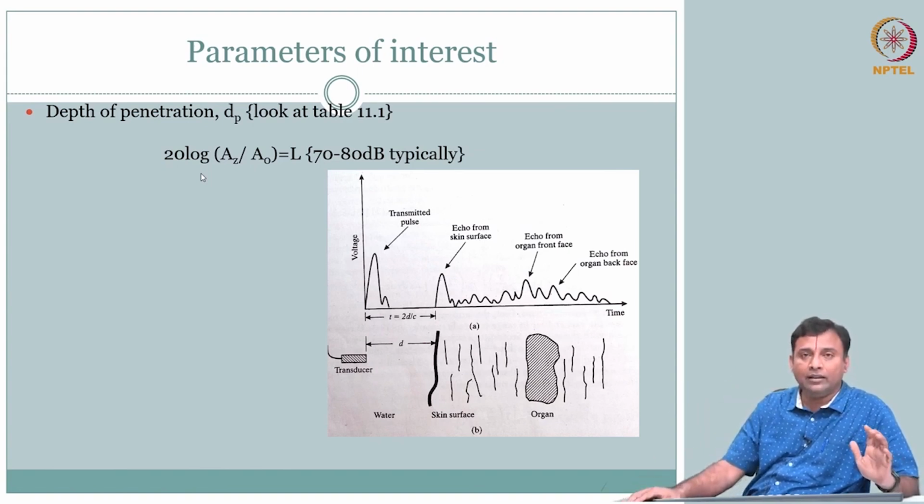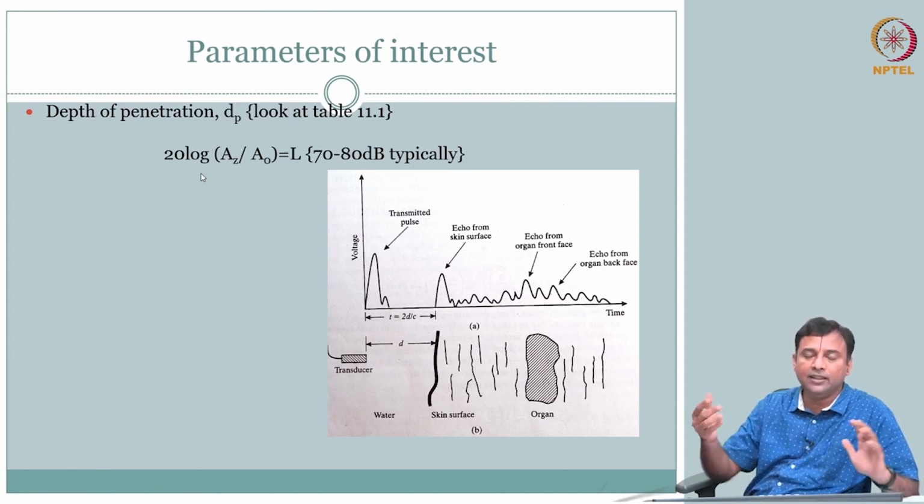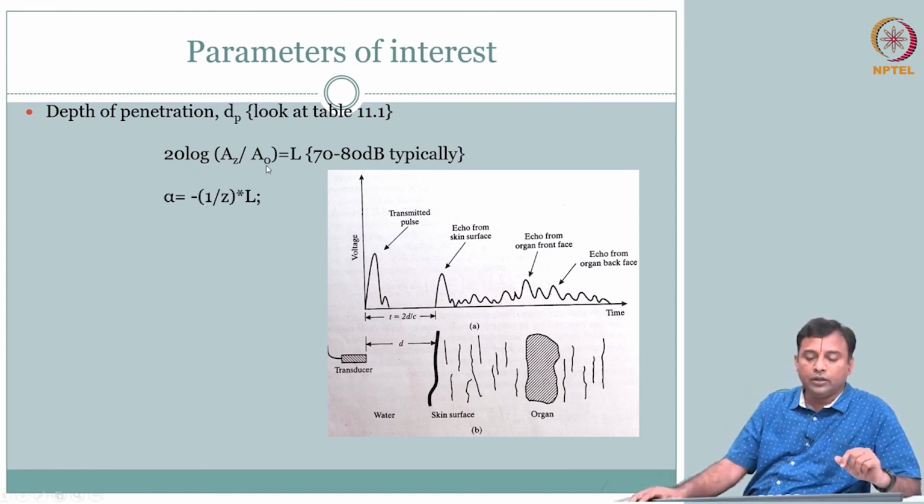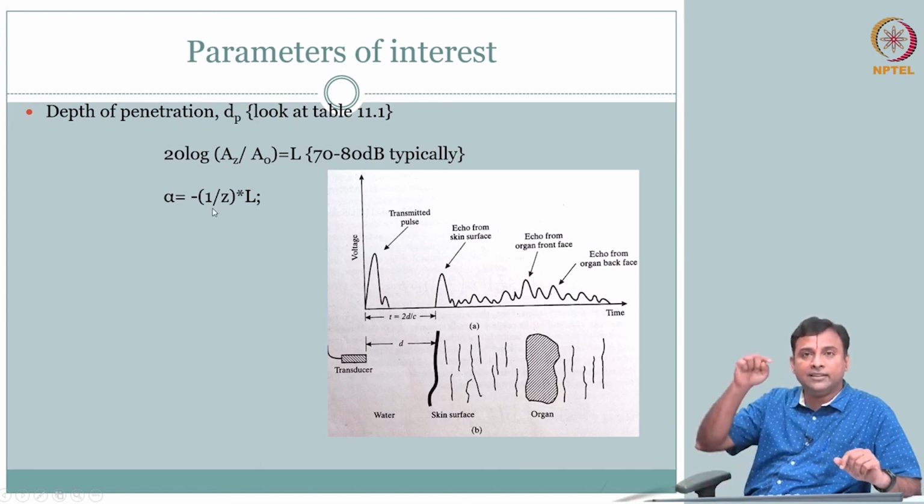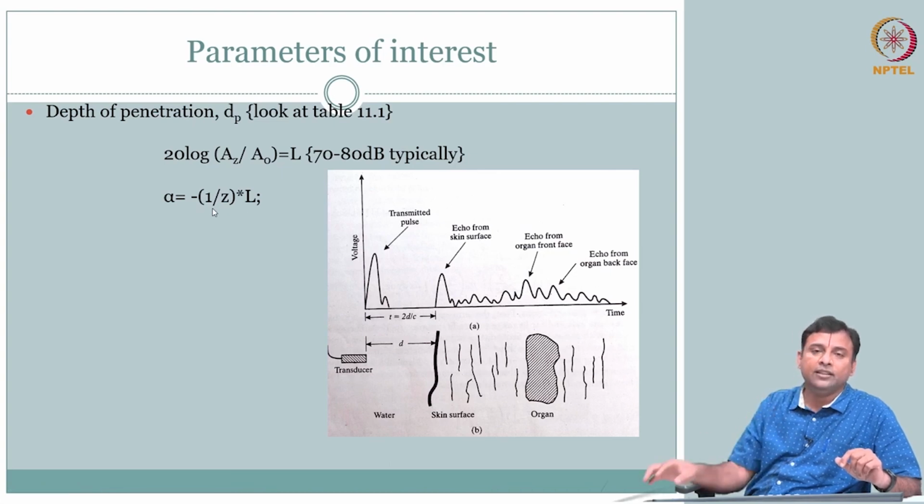So that is your depth of penetration: the depth until which you think you can get the echo and make sense that this is an echo from an interface and not just noise. Regarding the loss, you remember this alpha, the coefficient that we talked about. Alpha z is equal to the loss, alpha is the coefficient times z.